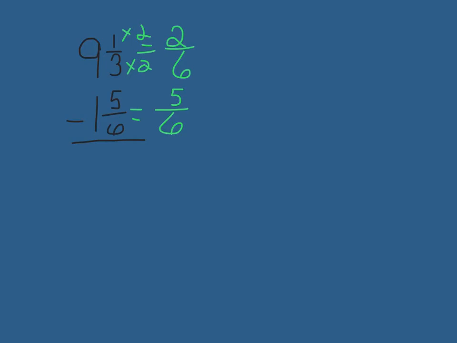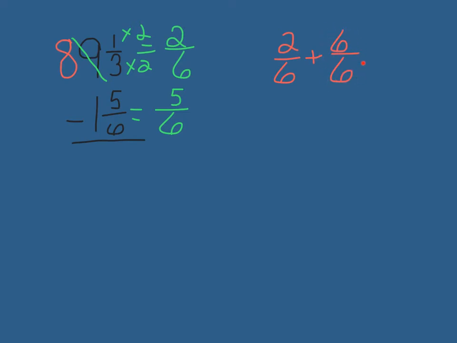I can't do that, so what I need to do is borrow 1 from this 9, so that will now be 8. So I borrowed 1 whole from that 9. That will actually be, if I want to add it here, 2/6 plus, I'm going to do 6 over 6 because this equals 1 whole.